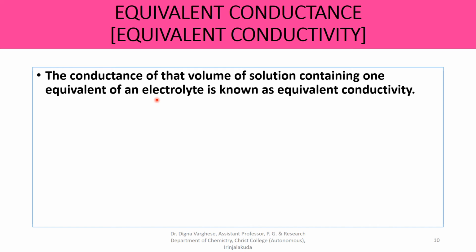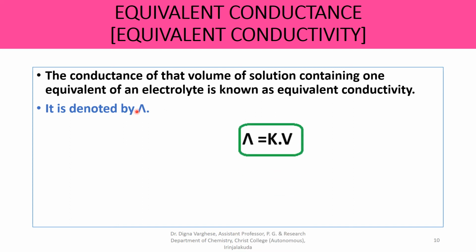It is also defined as the conducting power of all the ions produced by 1 gram equivalent of the electrolyte in the solution, for a given concentration. It is denoted by lambda. The equation is lambda is equal to K into V.